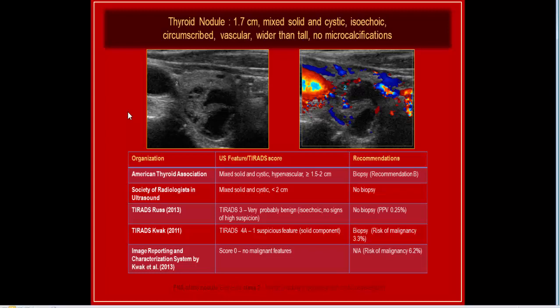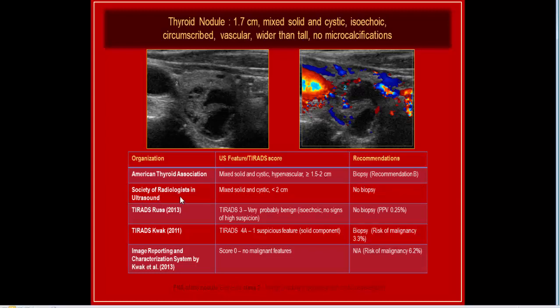This is a thyroid nodule example classified according to three classifications. Thyroid nodule 1.7 cm, mixed solid and cystic, isoechoic, circumscribed, vascular, wider than tall, no microcalcification. By the American Thyroid Association ultrasound features, thyroid score: mixed solid cystic, hypervascular, more than 1.5 to 2 centimeters, recommendation biopsy.